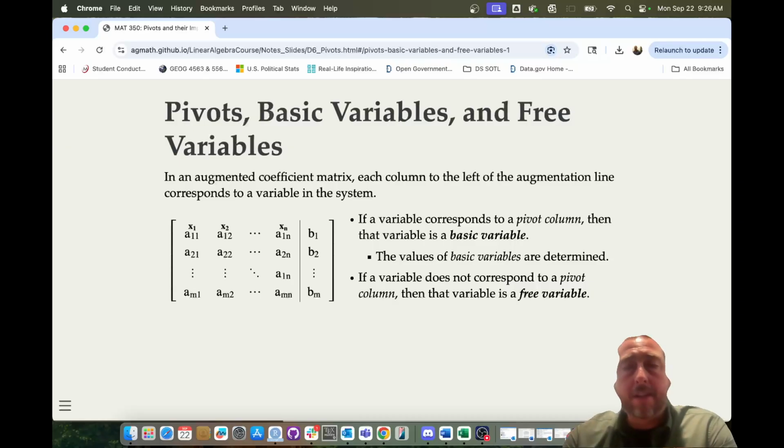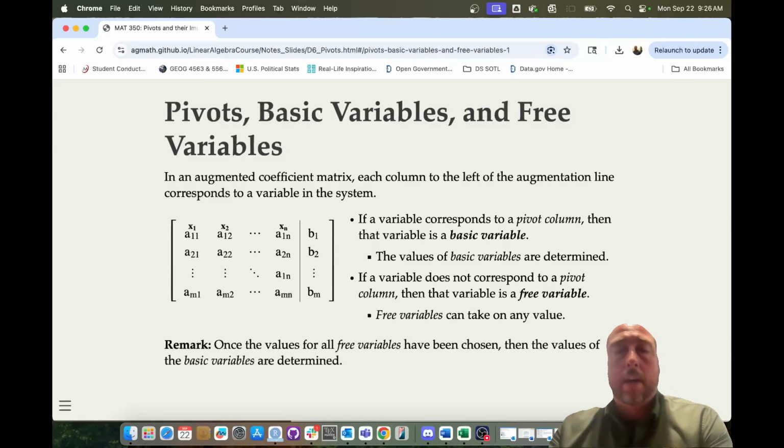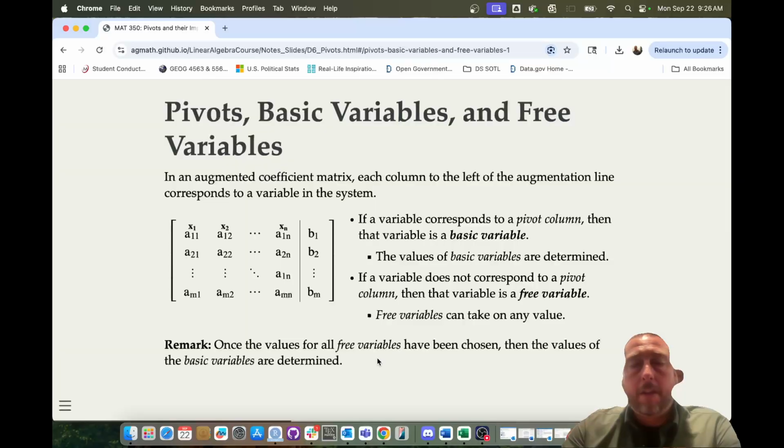If a variable does not correspond to a pivot column, then that variable is a free variable. And free variables can take on any value. And again, once all of the values for the free variables have been chosen, then the values of the basic variables are determined. So in some sense, the values of the basic variables are restricted.